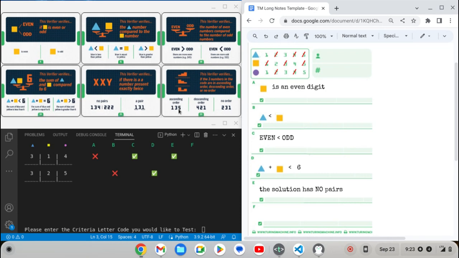So we know it's not ascending. Similarly, if you knew the solution was descending, well, of course, triangle would be greater than square, therefore forcing you to pick something like 3, 2, 1, but again making this card irrelevant. So I think it's safe to deduce that the solution should have no order.